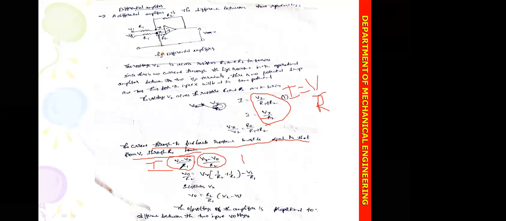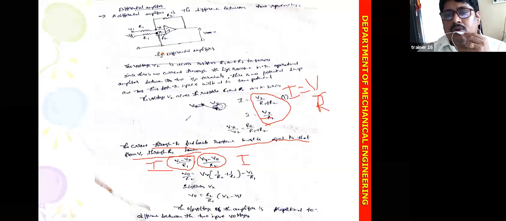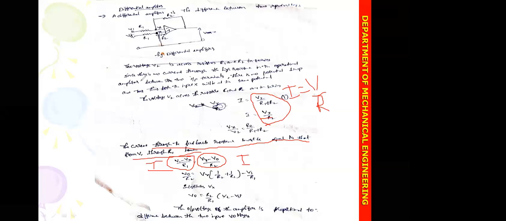So we are equating V1 minus Vx by R1 and Vx minus V0 by R2. Now it is clear. Any questions? The current passing through resistor R1 is the same as that through resistor R2, so I is equal to I. With I equal to V by R, V1 minus Vx by R1 is equal to Vx minus V0 by R2.